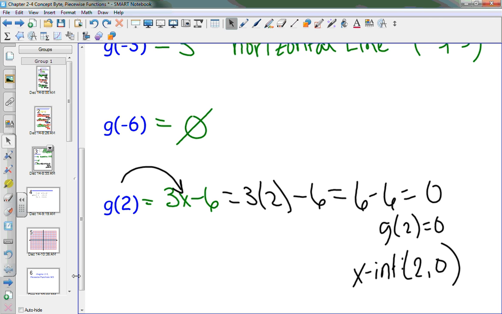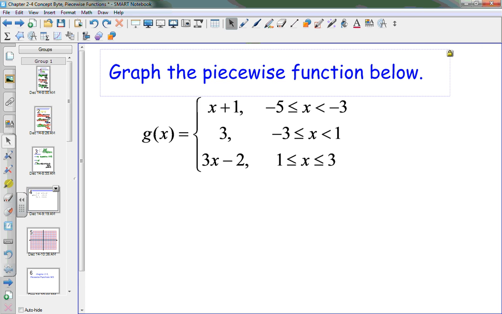Okay, we've done a lot of evaluation. Now, how do we graph something? Now, if I want to graph this thing, I have 3 different functions that I can graph. The first function is going to be x plus 1.